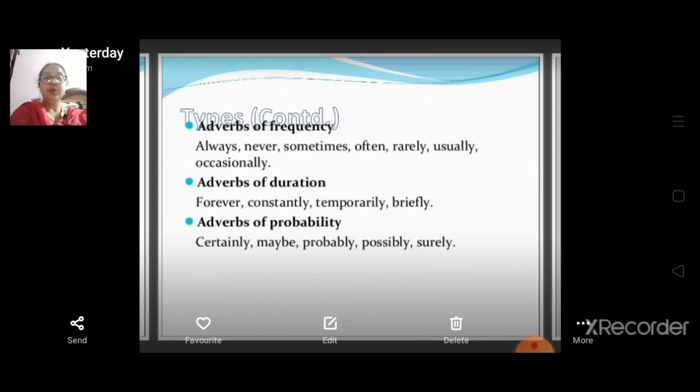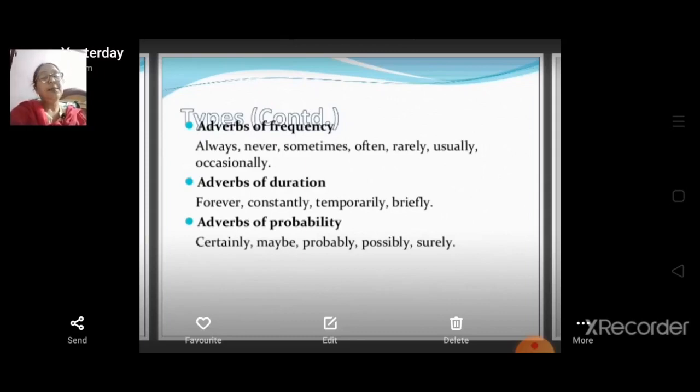Now if we talk about adverbs of duration, they also indicate time: forever, constantly, temporary, briefly. These are all showing the duration of time. And adverbs of probability: where there is probability, where you can see assurance or expectation, these adverbs of probability will be used: certainly, maybe, probably, possibly, surely.